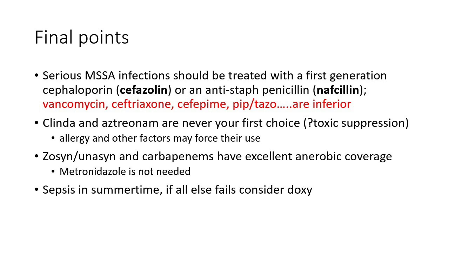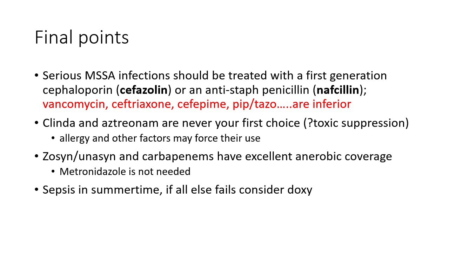We'll use 2 beta-lactams if we have to, because using ceftriaxone or cefepime or Zosyn for MSSA bloodstream infection is no good. Even though those antibiotics have MSSA activity, they don't cover it as well as cefazolin or nafcillin.